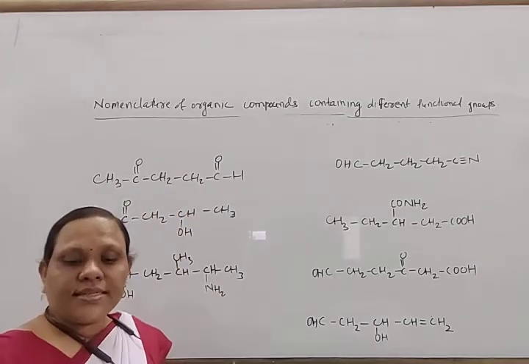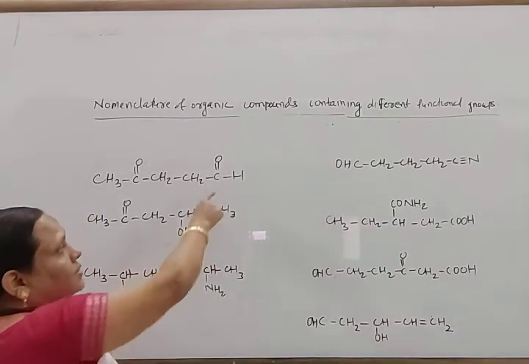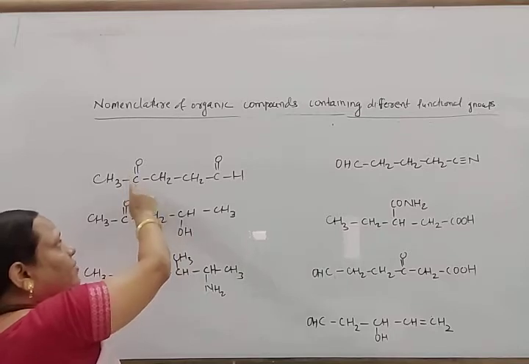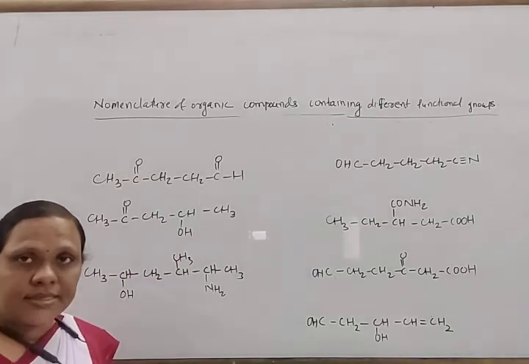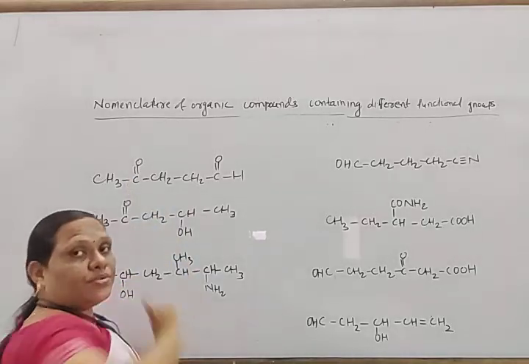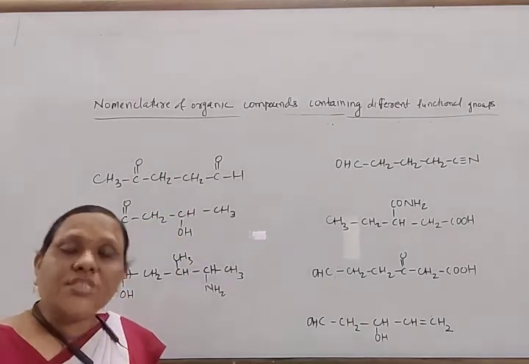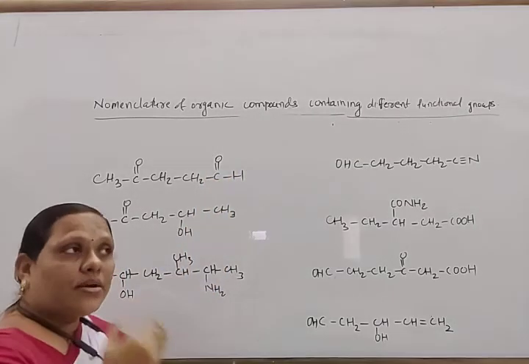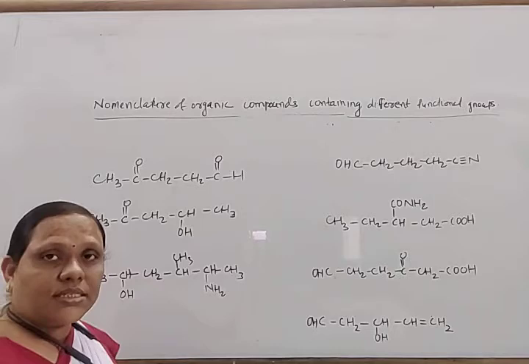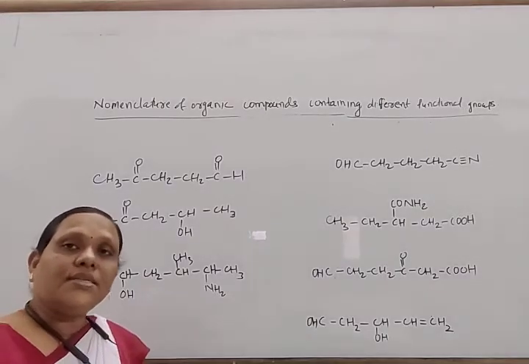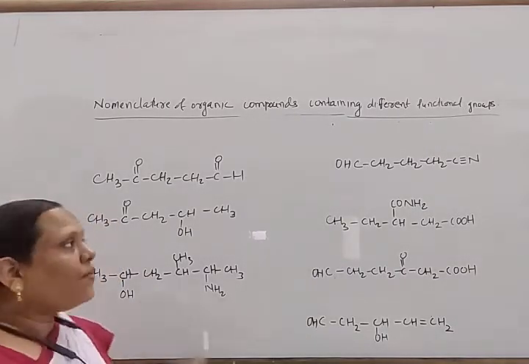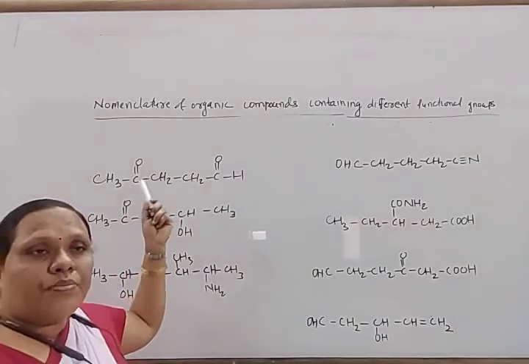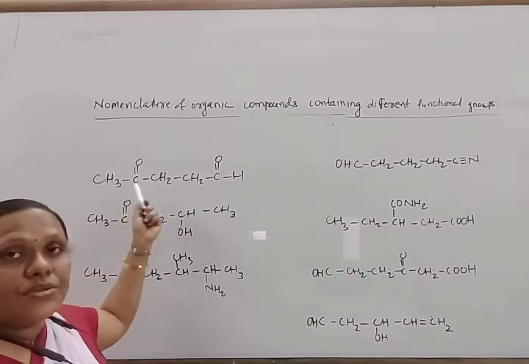The aldehyde has higher priority, so it is used as suffix. The one with less priority is generally used as prefix, as a substituent. The group which comes first in priority order is used as suffix, and the one which comes later in priority order is used as prefix, or as a substituent.